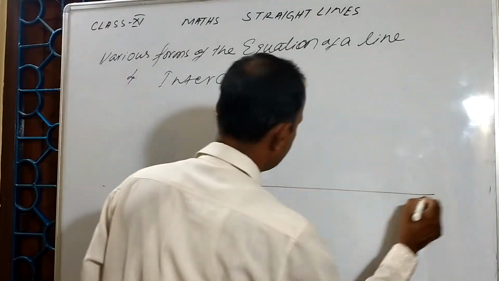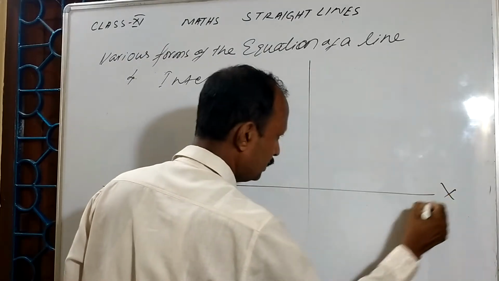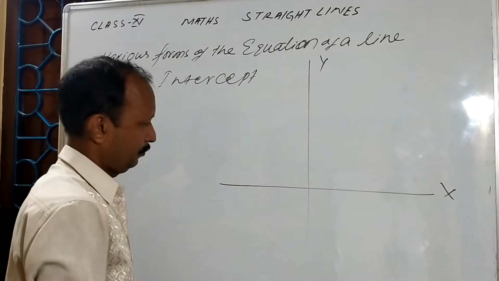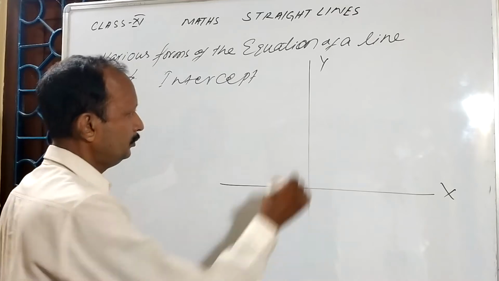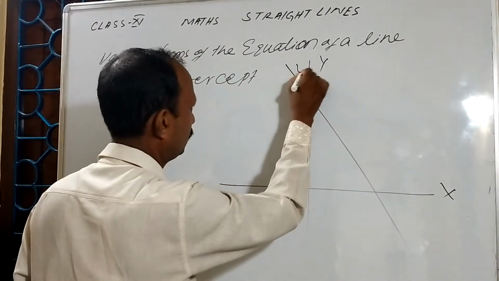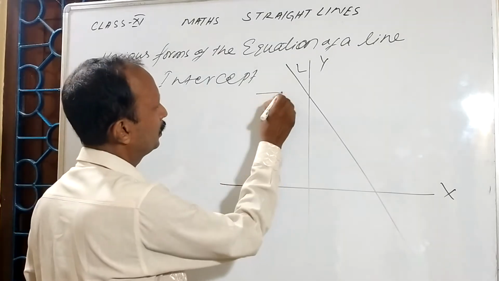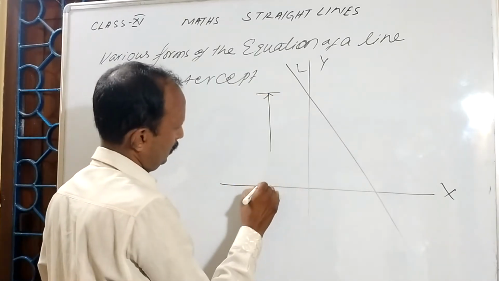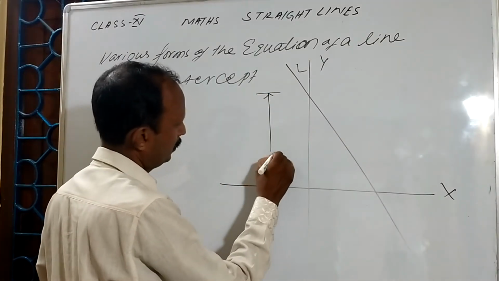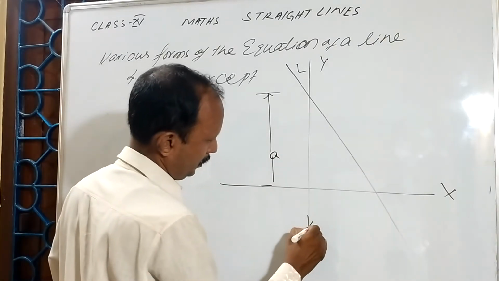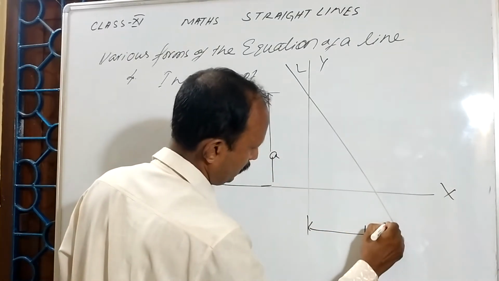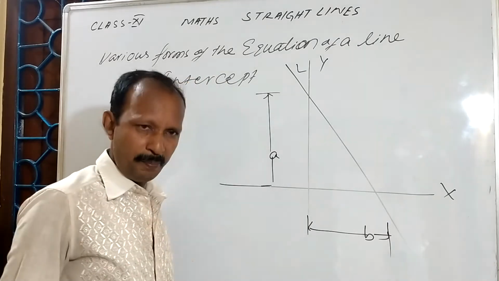Now this is the x-axis, this is the y-axis, this is the line L. Suppose here to here the distance is a, here to here the distance is b.